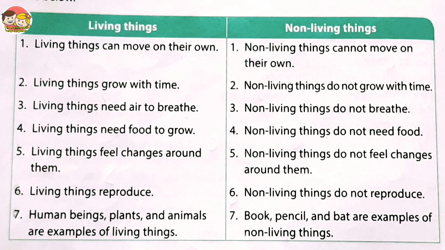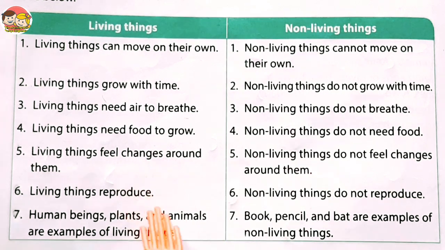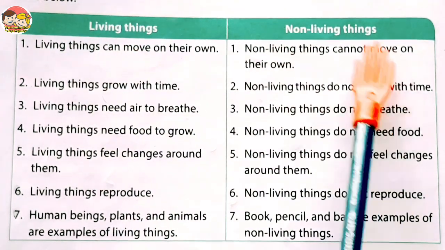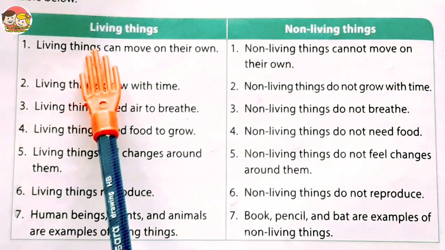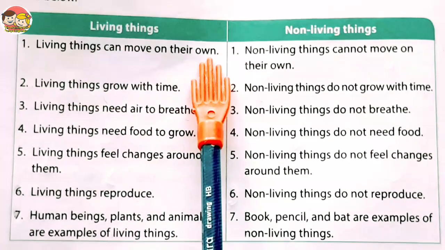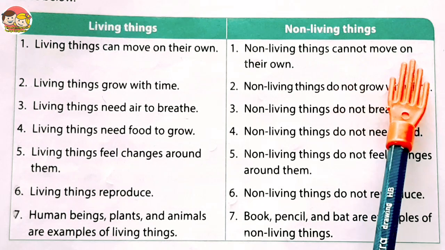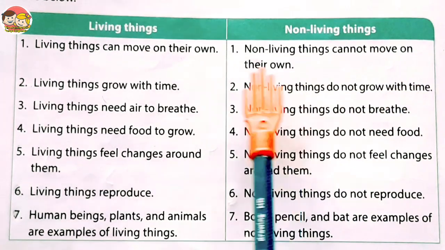The differences between living and non-living things are mentioned in the table. Living things and non-living things. Living things can move on their own, whereas non-living things cannot move on their own.